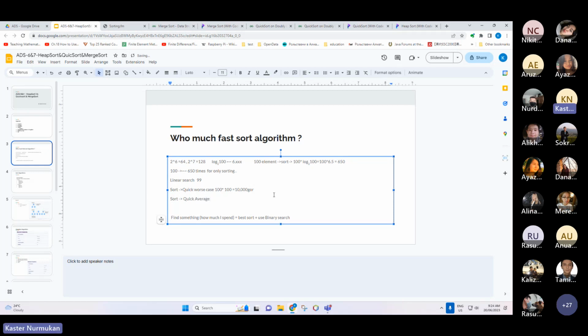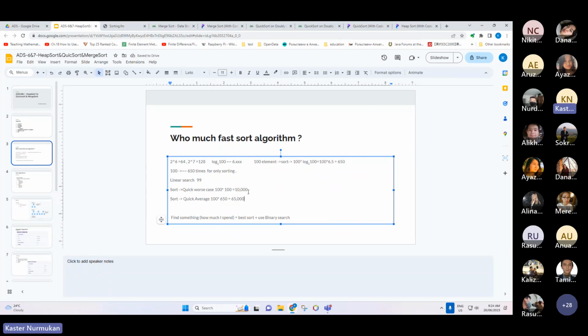So at that time, average is 100, and 100 multiplied by 650, right? So 650, so it would be 65,000 times.